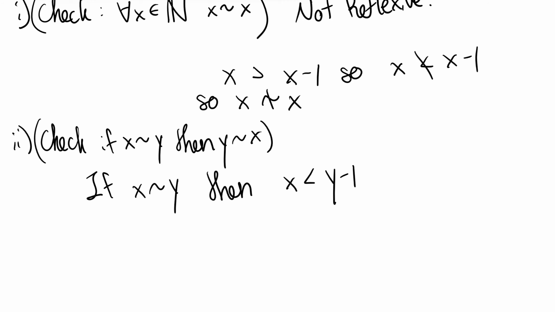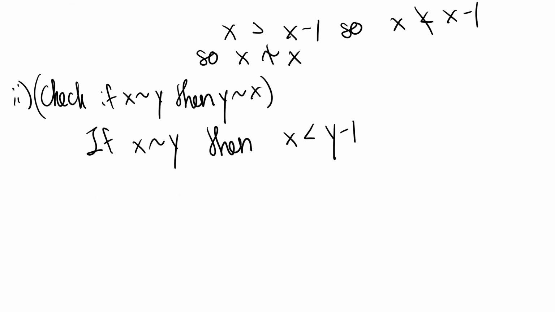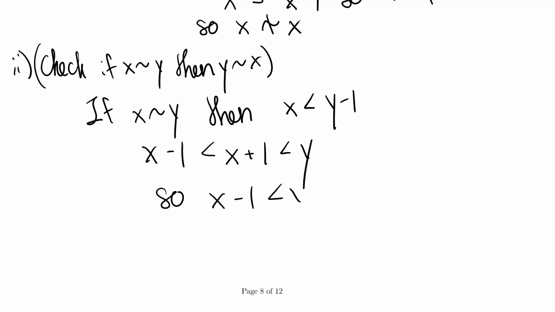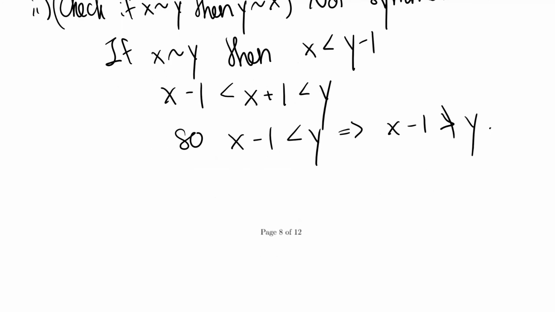We want to see, is y less than x minus 1? If we rearrange this, x plus 1 is less than y, and x plus 1 is bigger than x minus 1. So x minus 1 is less than y, meaning it's not symmetric.